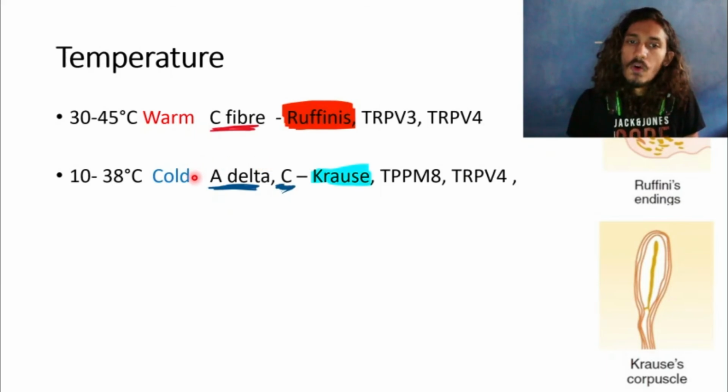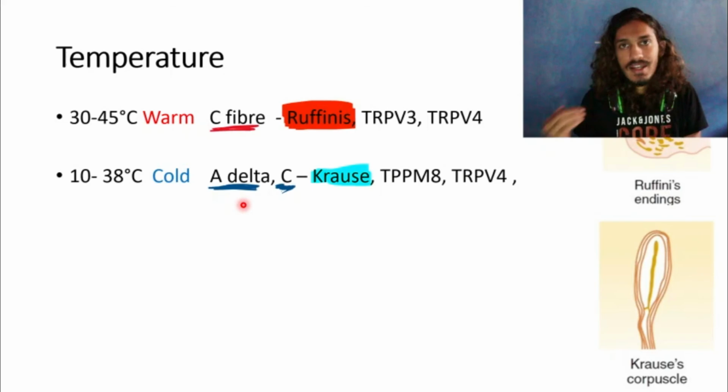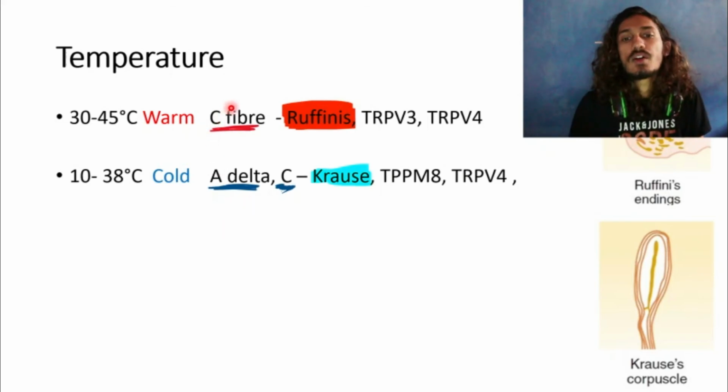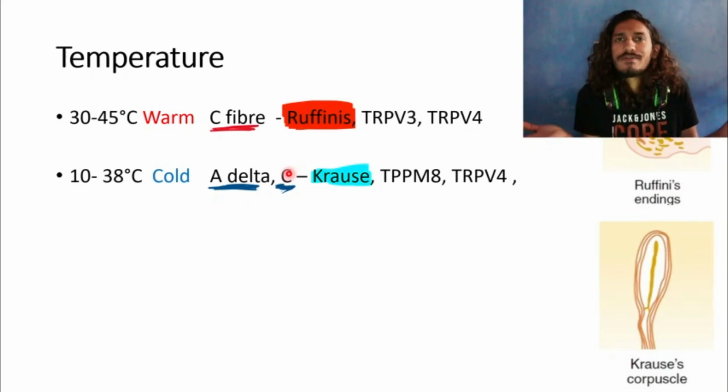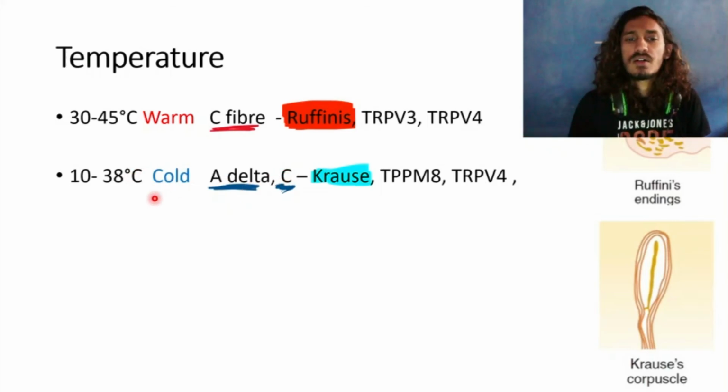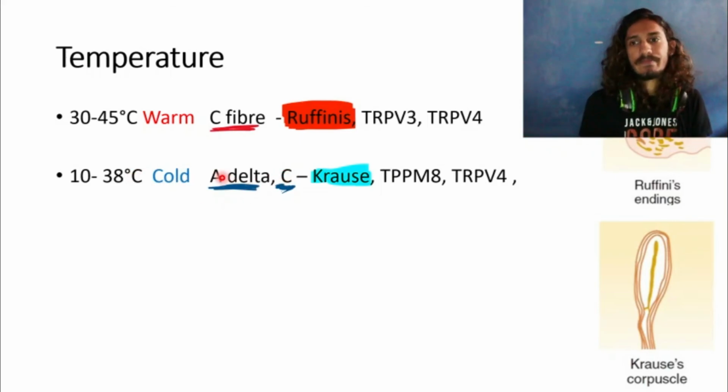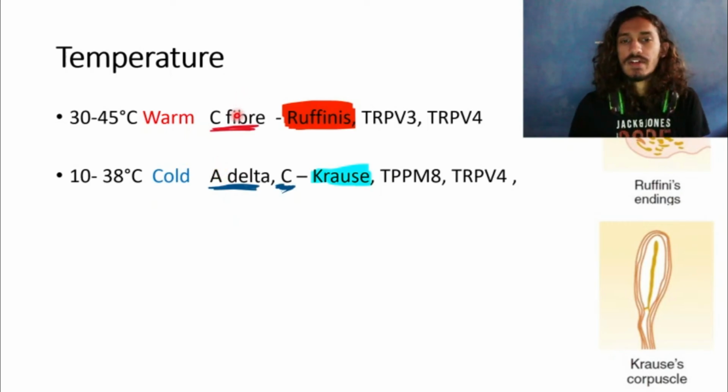But cold to some extent is also carried by A delta, which is much faster than your C fiber. So which would you appreciate first? That is your cold sensation through this A delta. So we have C fibers and A delta for this. This is your Ruffini's and Krause's cold temperature.